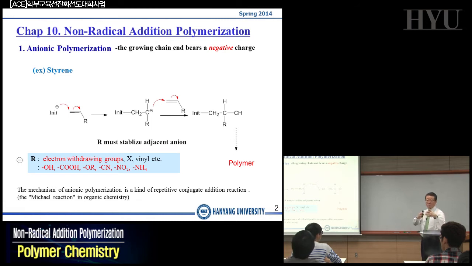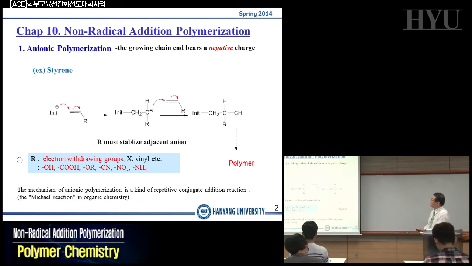And the nucleophile will attack one of the ends of your vinyl, and the hydrogen will be attacked in the second monomer. So in this way, you can form the polymer. Okay, so initiation, propagation, and perhaps later on you will see the termination reactions of this polymerization reaction.